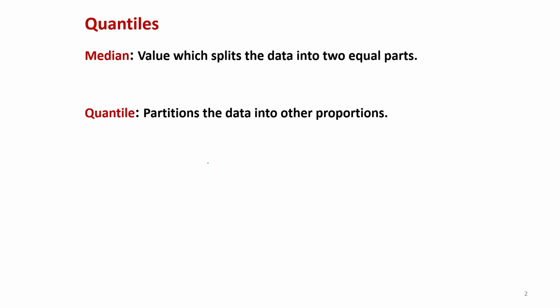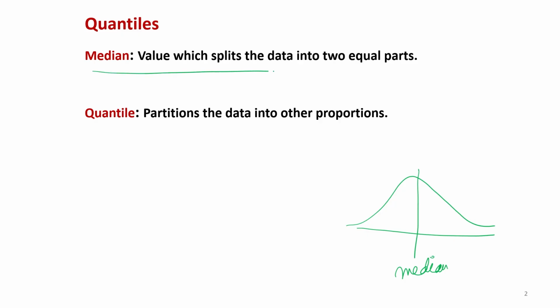As you have seen, when we divide the entire frequency distribution into two parts, this partitioning value is called the median, right? So the median is the value which splits the data into two equal parts. Similarly, can you make more partitions? For example, I can make 4 partitions. So this is part 1, Q1, this is the second part Q2, then Q3 and then Q4.